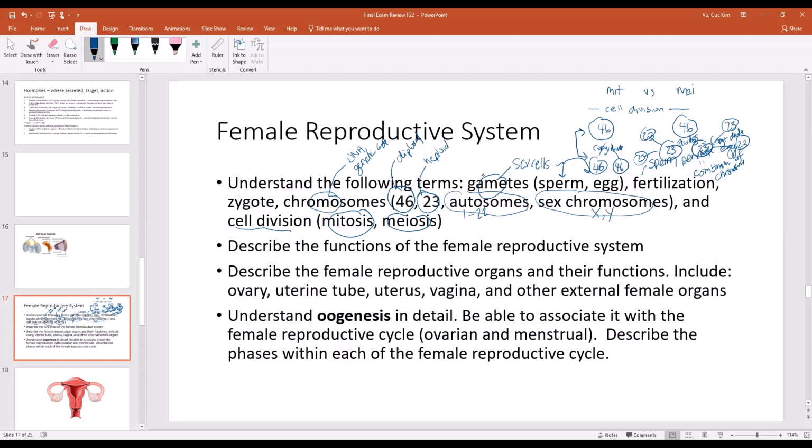You can see that in mitosis, it goes through one process of copy and divide. So the process is different. Secondly, the result is different. It results in two cells, and these two cells are identical to each other and identical to the original. Whereas in meiosis, the process is different because it has two steps. The first step where it divides and the second step where it copies and divides.